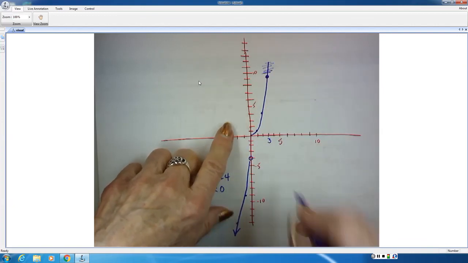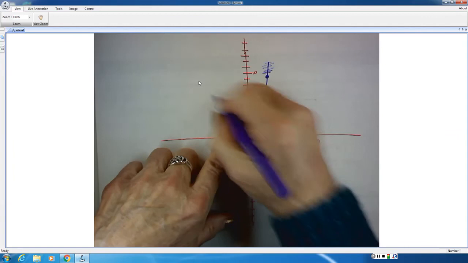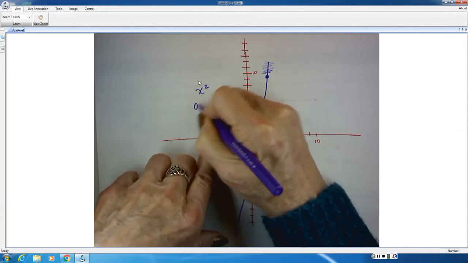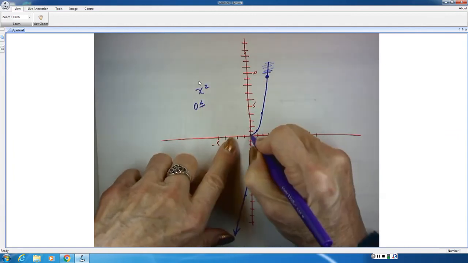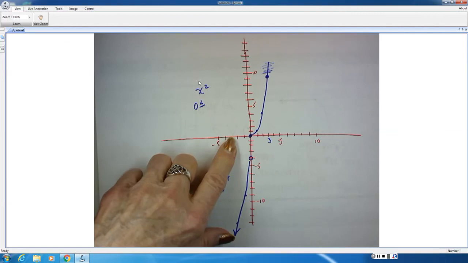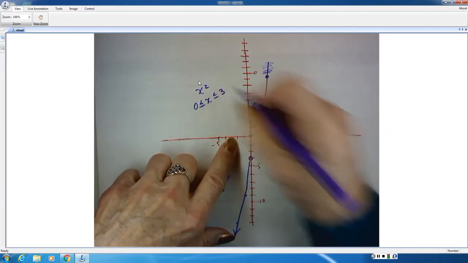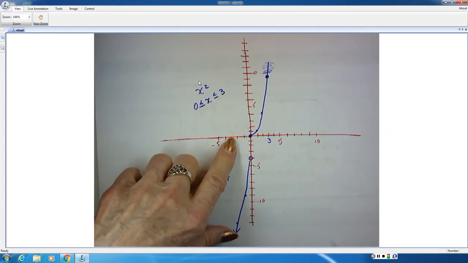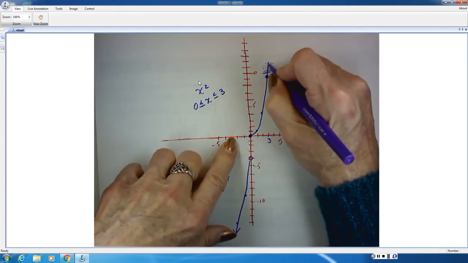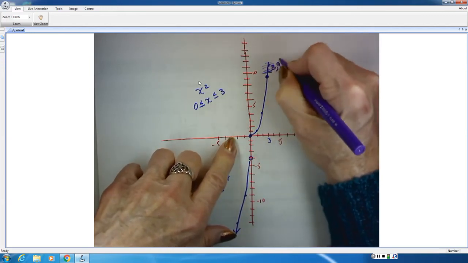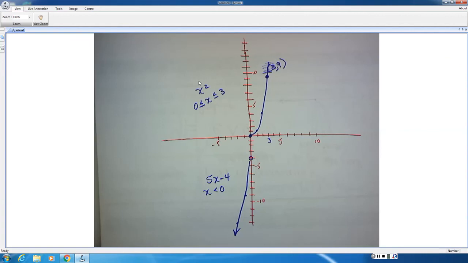It has to stop because this is for the part of it that is equal to or less than, so that means the origin is included. And it's equal to or less than 3, so 3 is included. So that point right there is 3, 9. That's where it ends, okay?